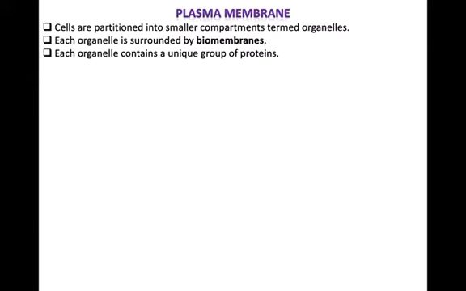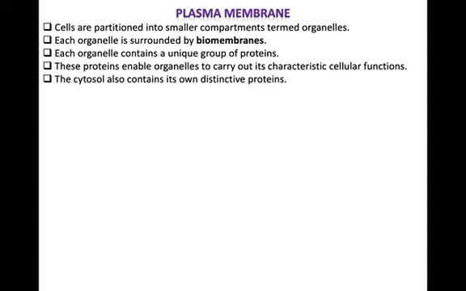So in other words, you have a mitochondria, you have a Golgi apparatus, and these are all organelles. Each different organelle has a specific set of proteins that specify its function. These proteins enable organelles to carry out their characteristic cellular functions.